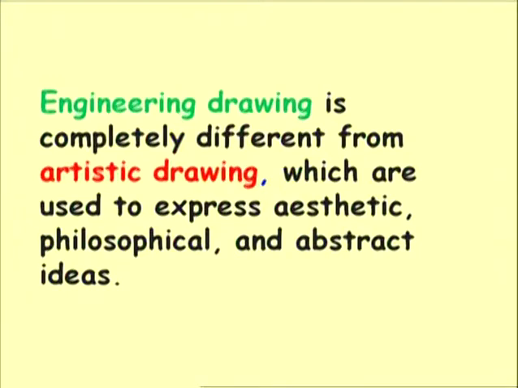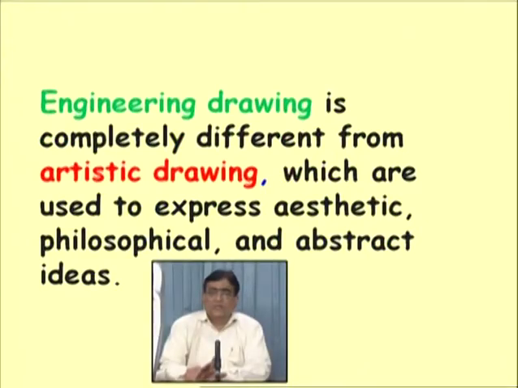Engineering drawing is completely different from artistic drawing. Artistic drawing means the artist is drawing some scenery or some picture of nature, like that. So that is totally different from engineering drawing. They have got a different purpose.